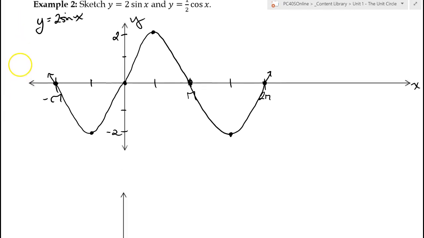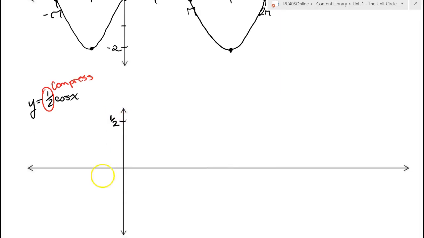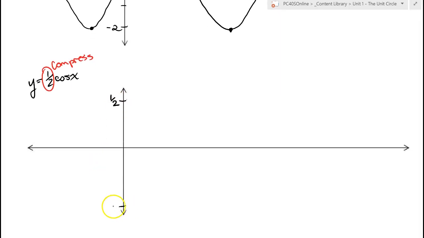For half cos, this is a compression as opposed to a stretch. So when I draw this, I might choose to just have 1/2 and -1/2 as my maximum and minimum y values.